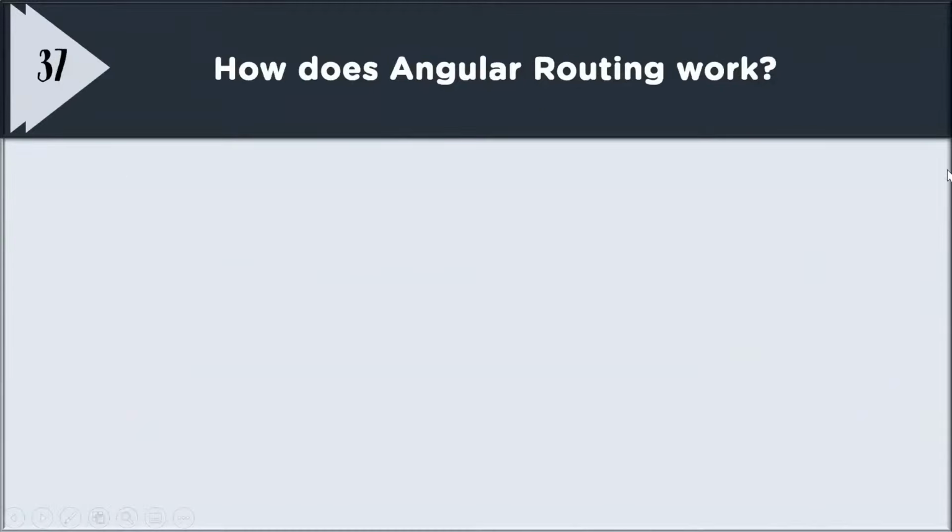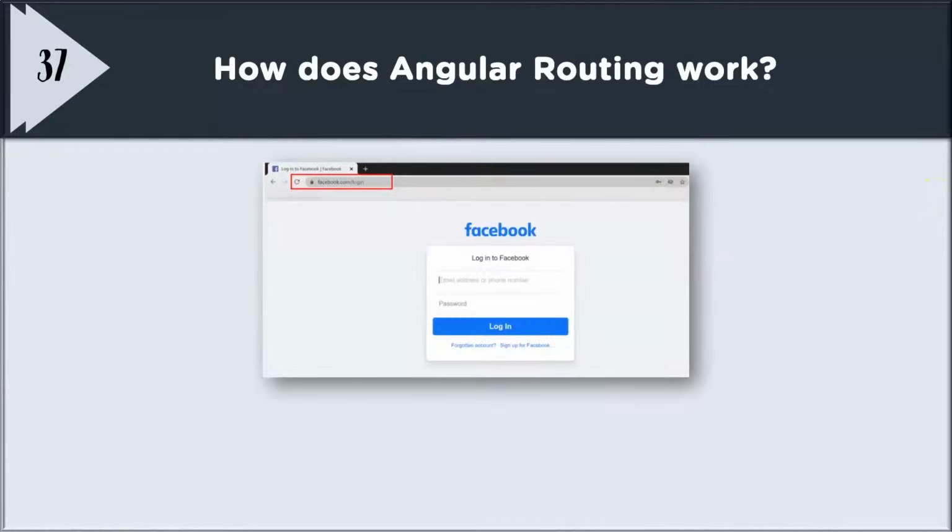Next up, how does Angular routing work? Now, I'm sure you must have observed that the URL changes every time you click on your user interface on an application, correct? Every time you navigate through the application or move from one page to another, the URL changes. This means that the application is being routed.